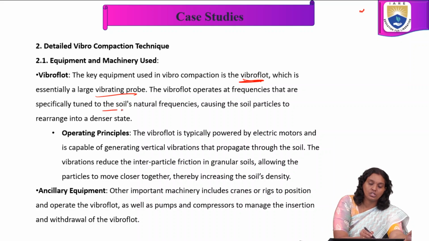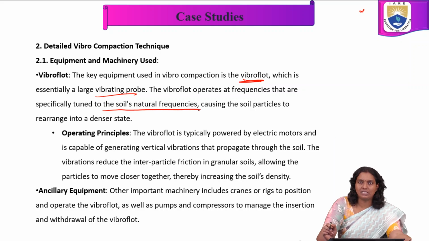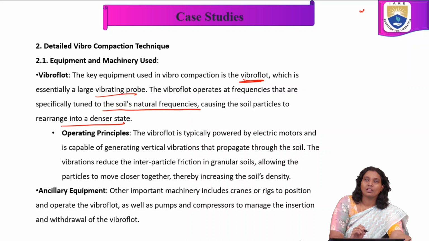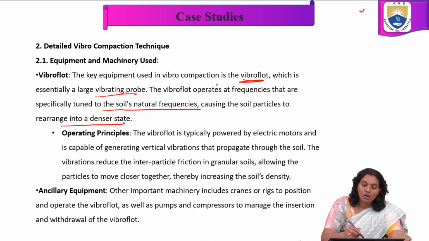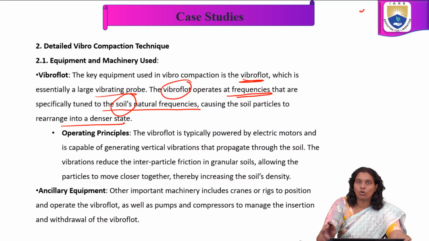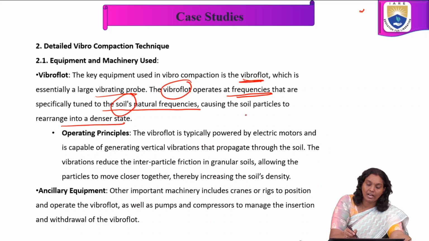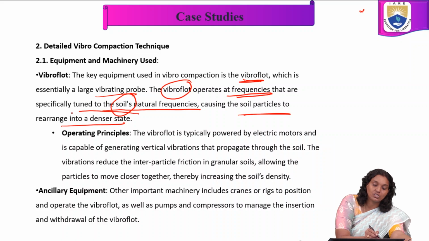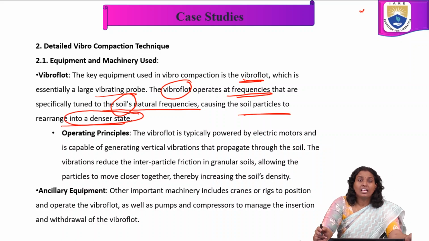This Vibro float operates at frequencies that are specially tuned to the soil's natural frequencies, because it is going to cause the soil particles to rearrange into a denser state.